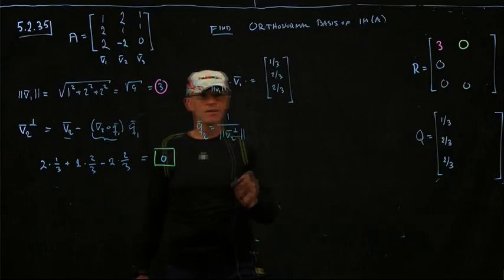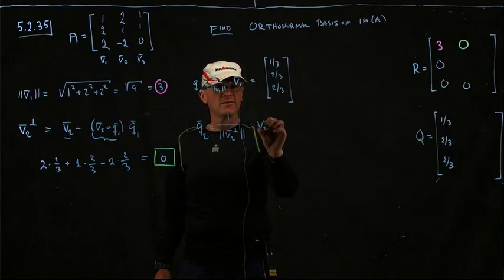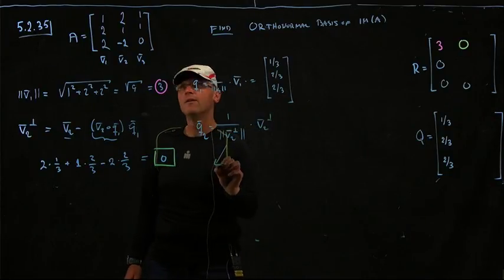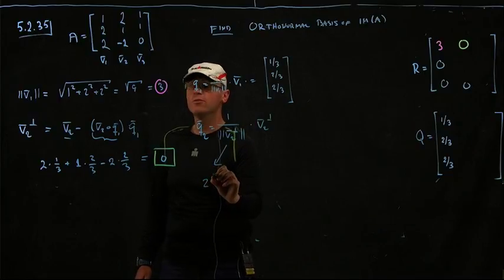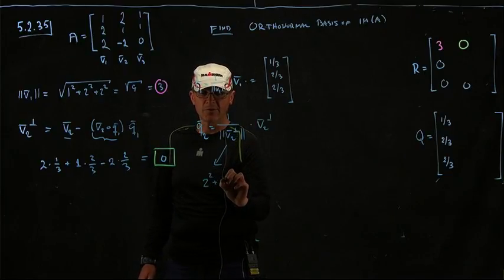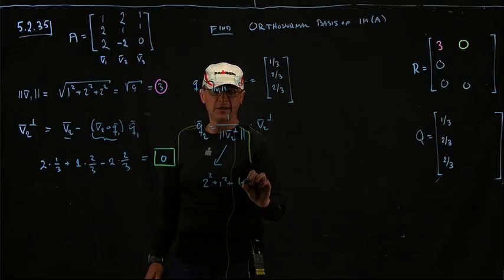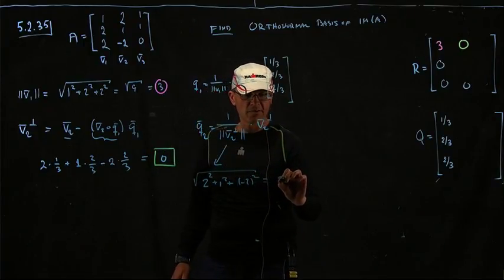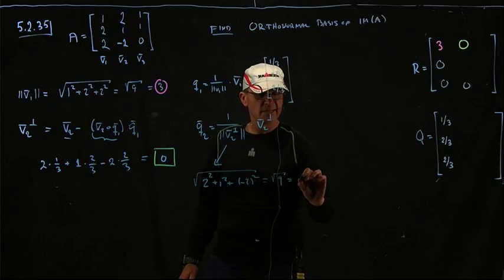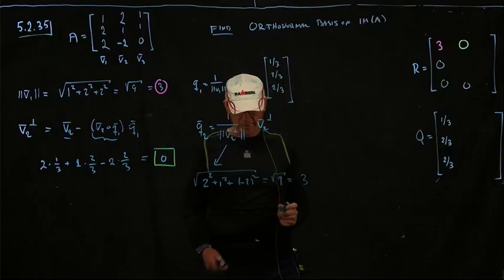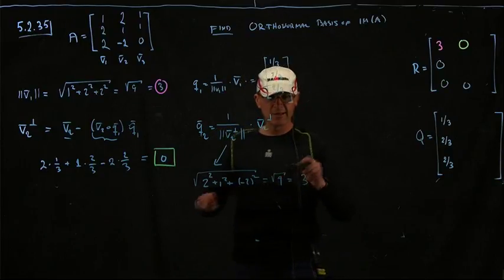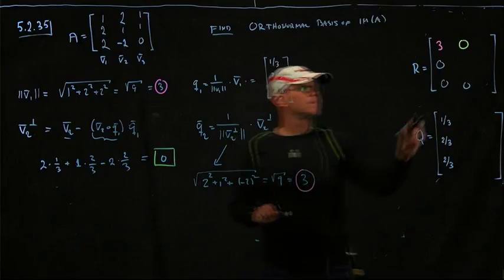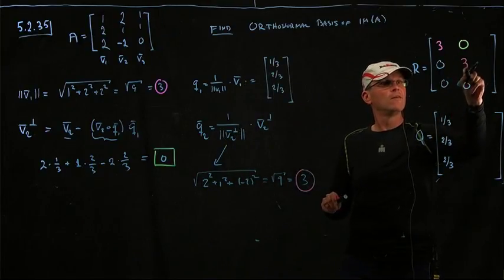So we need the length of V2. This is 2 squared plus 1 squared plus negative 2 squared, square root of that. It looks very familiar, square root of 9, which is 3. So this 3 here ends up on the diagonal.